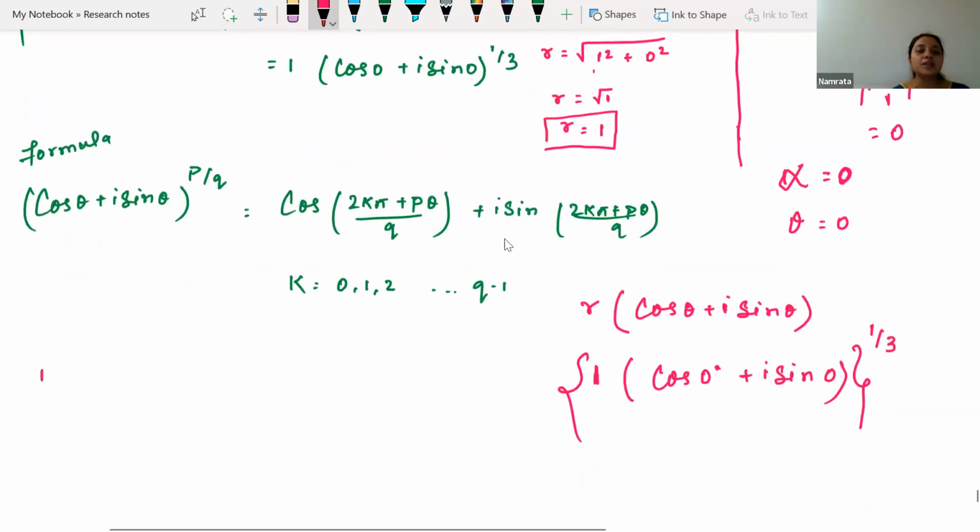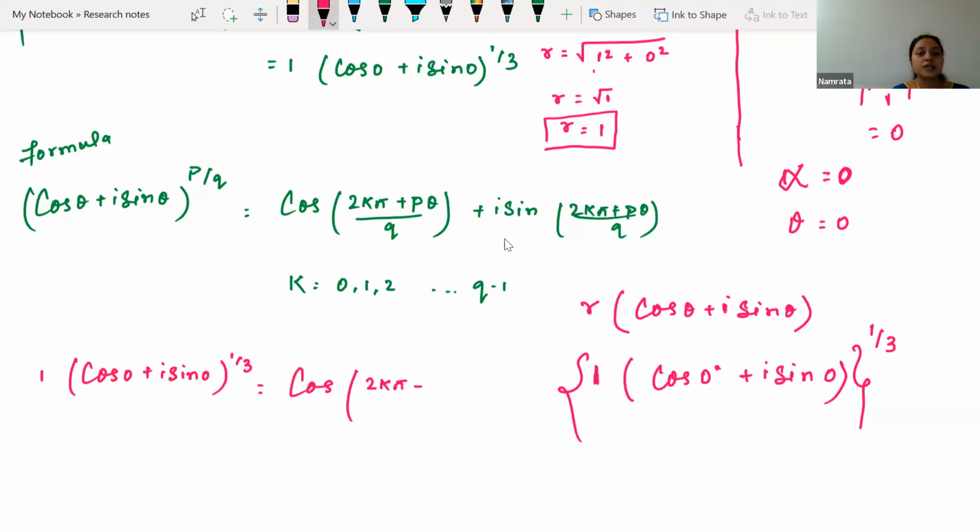So we are having 1 (cos 0 plus I sin 0) to the power 1 by 3. We can write it as cos (2k pi plus p theta). P is 1 and theta is 0, 1 into 0, by q is 3. Is it okay? Yes.